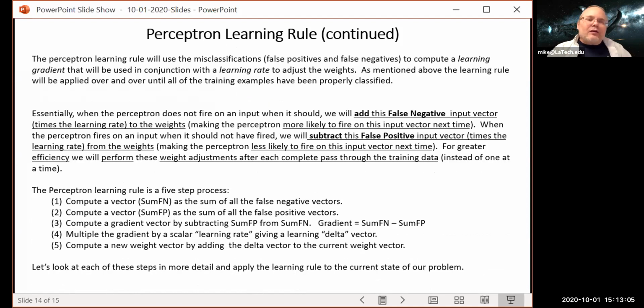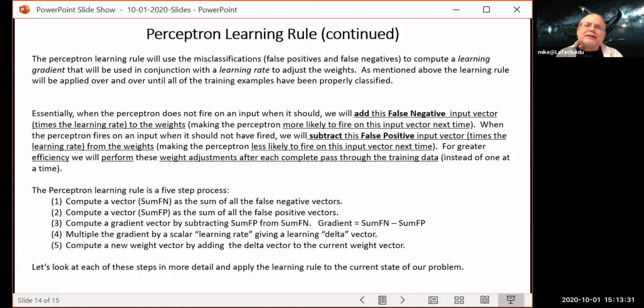Now, we're finally getting down to the perceptron learning rule. The perceptron learning rule is going to use the misclassifications, the false positives and the false negatives, to compute a learning gradient. A gradient is a direction, is what you can think of it as, or maybe think of it as a slope if you want to.